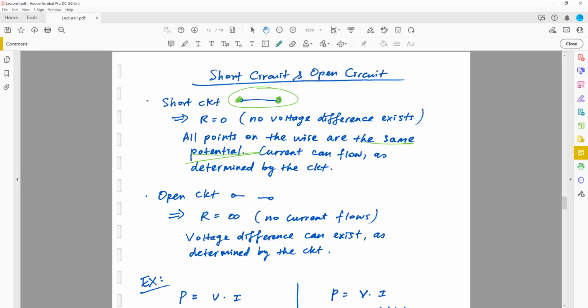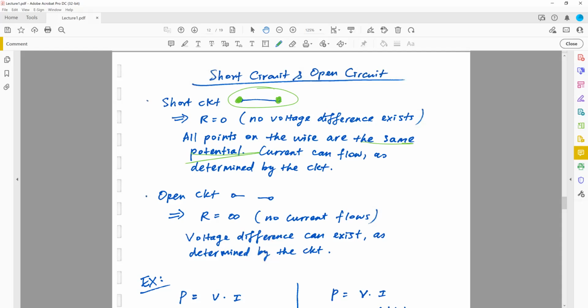Same potential means there is no voltage difference. There is no delta between this dot and this dot, because electrically they are the same. If they are the same, there exists no potential difference, no voltage difference.